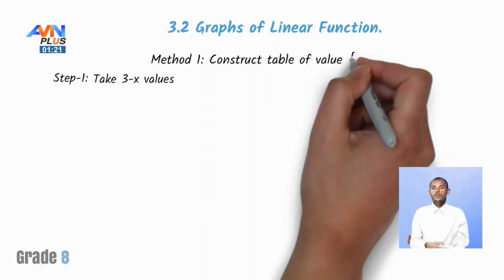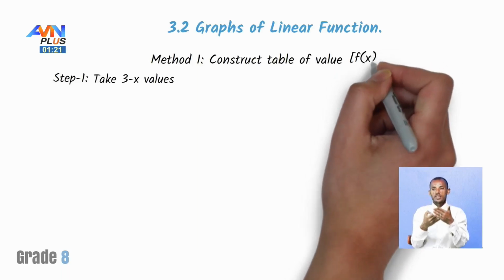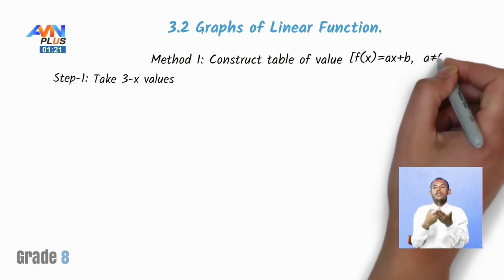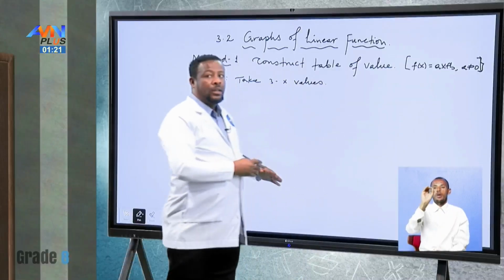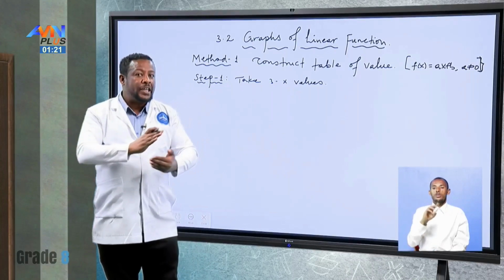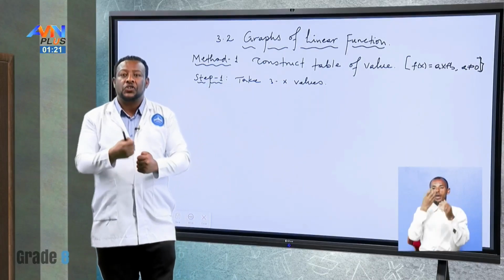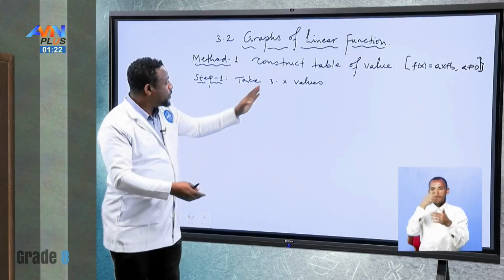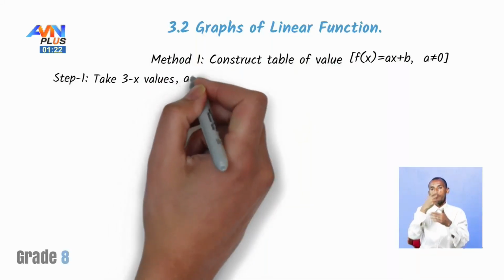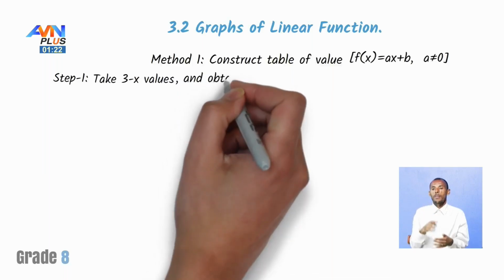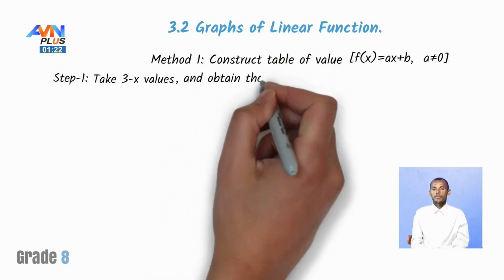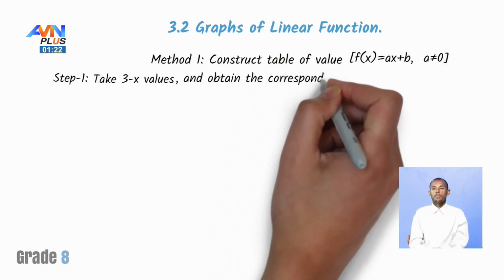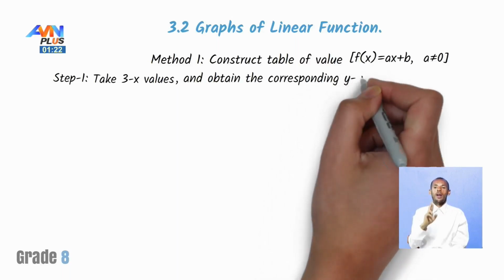Here, you need to know what a linear function looks like. A linear function is f of x equals ax plus b, where this a is a constant number different from 0, right? So once we have a linear function, we can take 3 different x values and obtain the corresponding y values, because x and y are related in the form of a function.